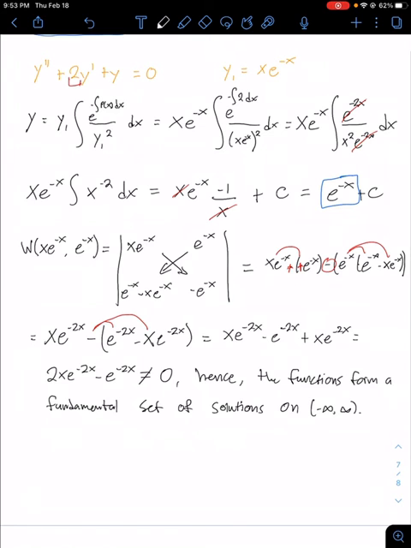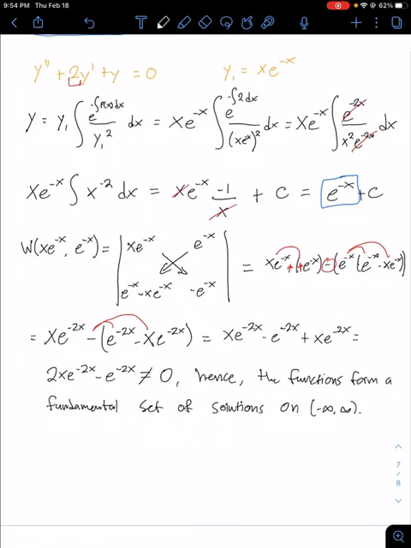And that's in standard form. So that's minus 2x. Did I get that correct? X squared e to the minus x. That's x squared. It's e to the minus 2x. Those cancel out.